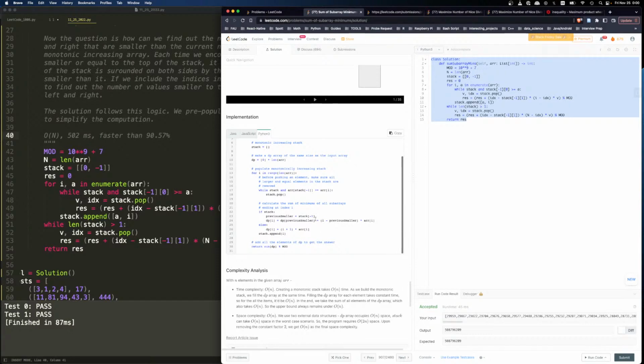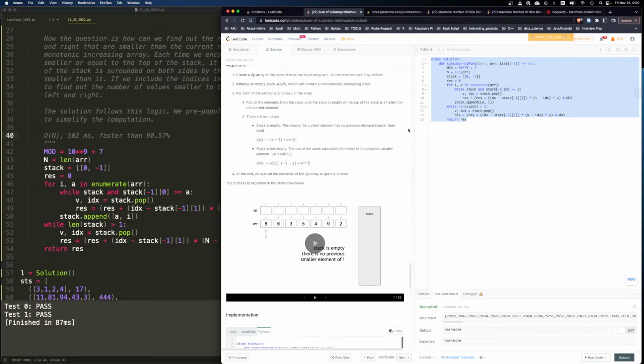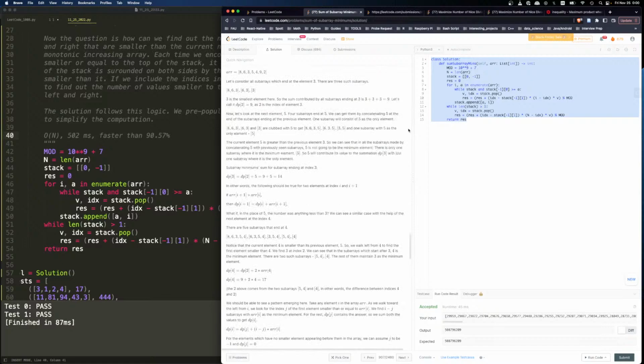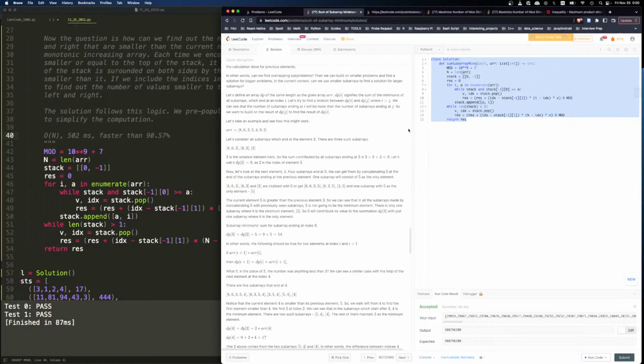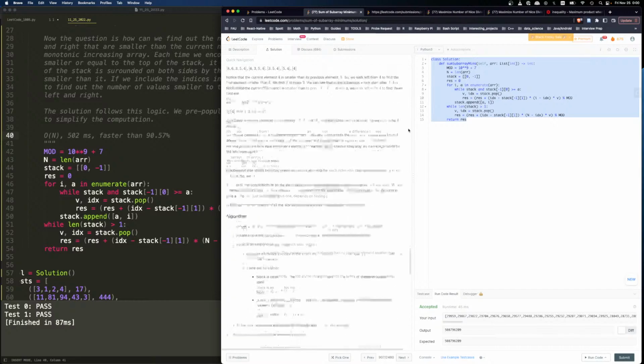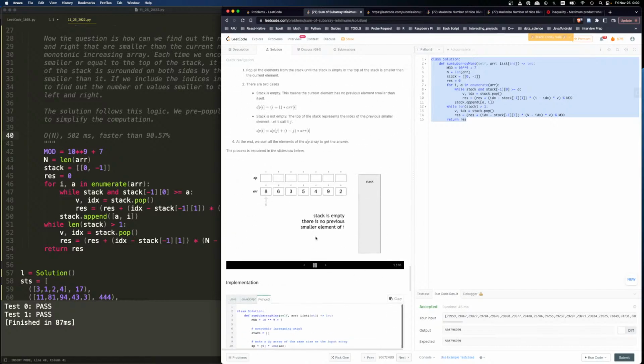Previous smaller. Stack is empty, so no previous smaller element.